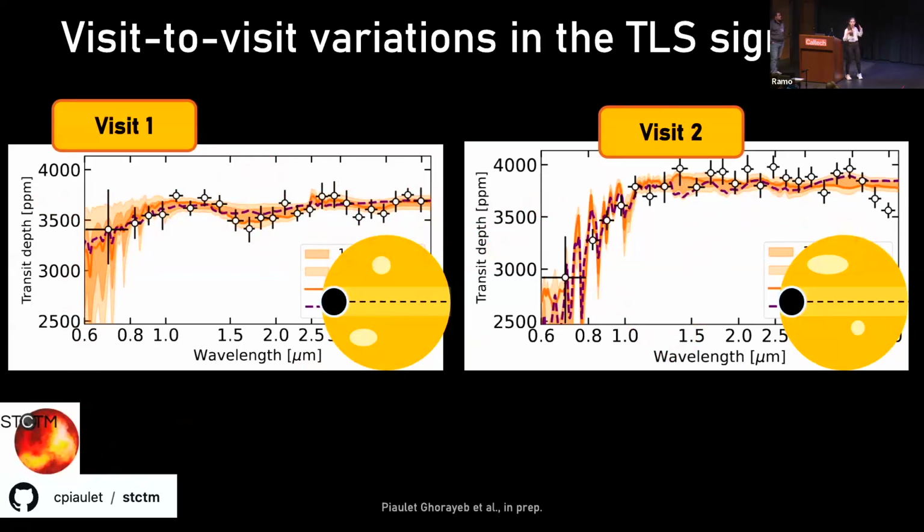And if you really want to fit every single thing, especially for the second visit, you can't make something that flat without having some kind of combination of brighter regions and darker spot regions. And so it may be that that's what we're seeing, but I think we can't really conclusively say whether we're seeing spots or not because of this degeneracy with just water features in the atmosphere.